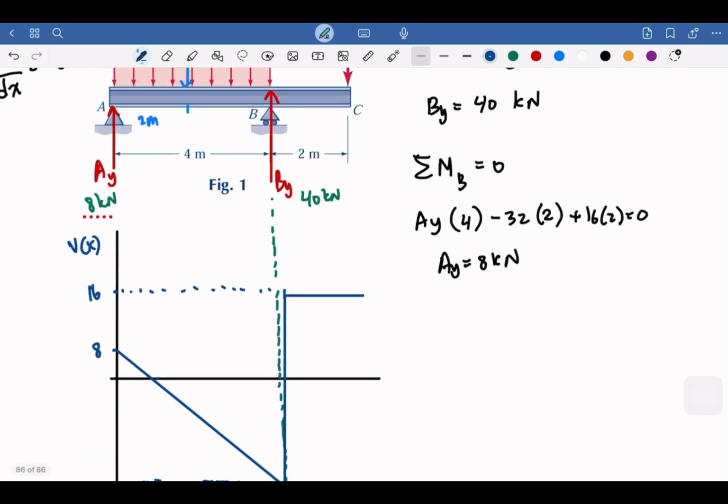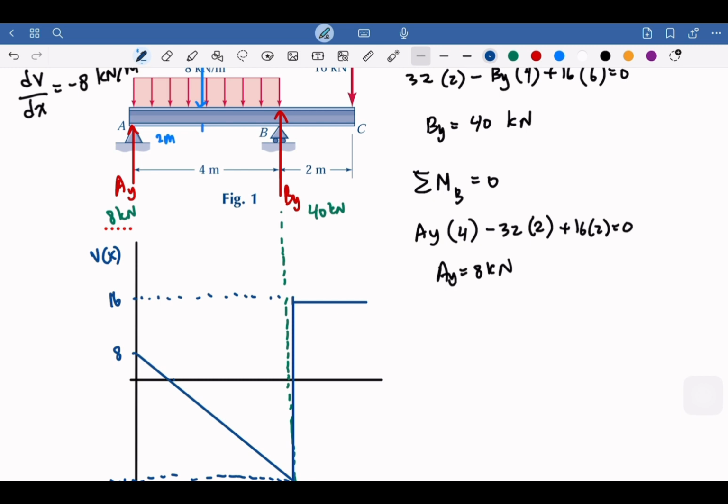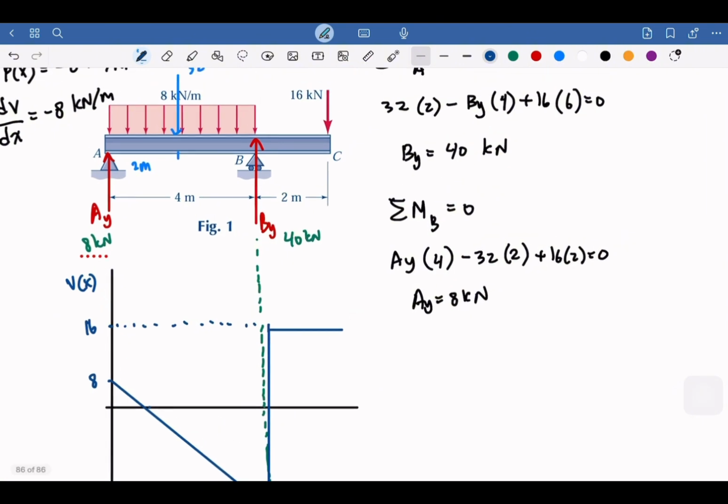And you see that we are correct because the 16 is the same as the 16 kilonewton on the diagram. So when these are equal, our graph is correct. That's how we can confirm. If, for example, this number does not match the diagram, then there is something wrong in our graph. So this is our graph.